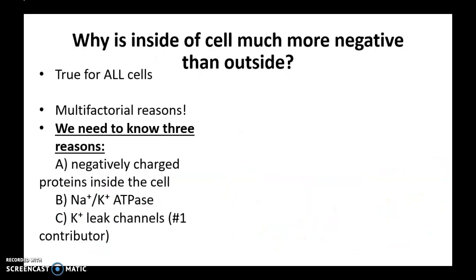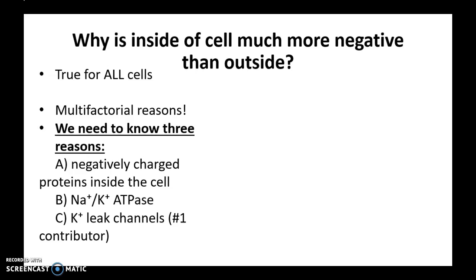Okay, now students often ask me, Rupa, why is the inside of the cell so negative? What makes it negative? Well, the reasons are multifactorial, meaning it has several reasons. But for this class, I want you to focus on three main reasons that make the inside of the cell more negative.